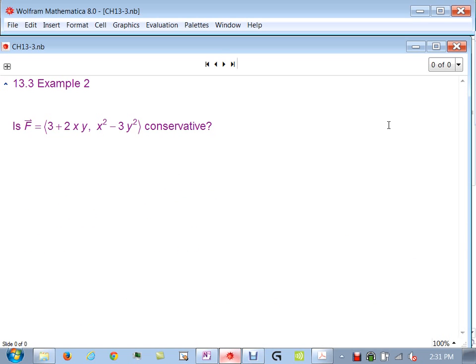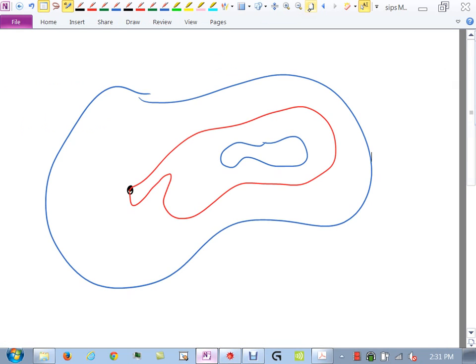Okay, so let's check this. Is this conservative or not? So I have capital F equal to 1 plus 2xy plus natural log x squared.